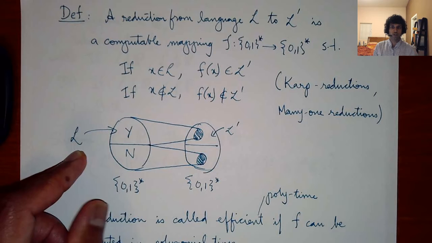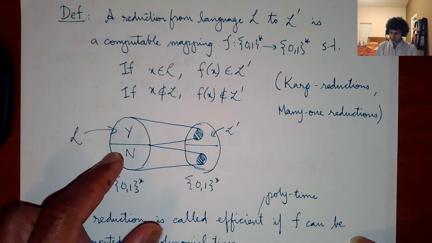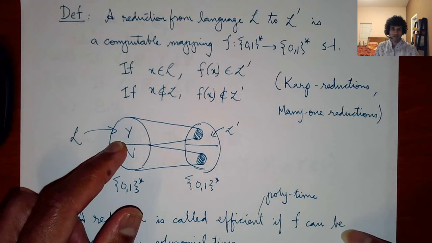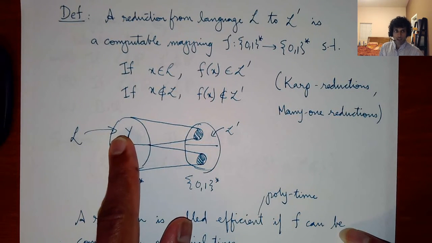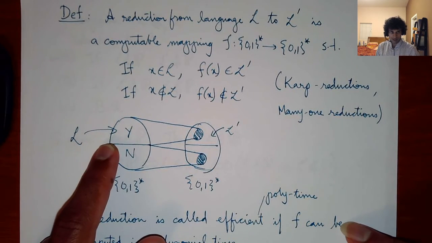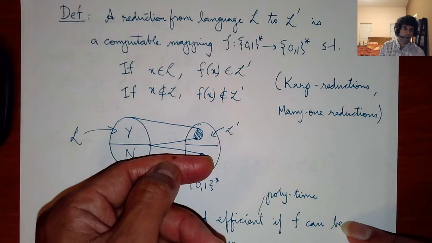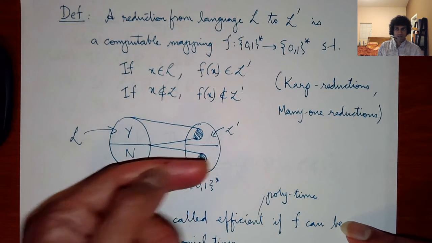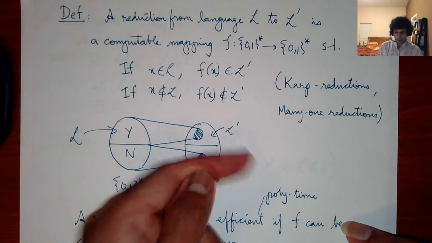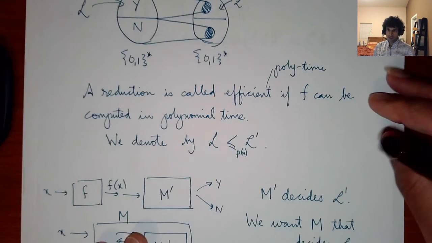It's an input, and you're trying to decide whether this input is in the language or not. So let's call it an L instance. The mapping reduction converts it to an instance in L prime, meaning that if you feed a string through the mapping reduction, then the original string is in L if and only if the final string is in L prime.